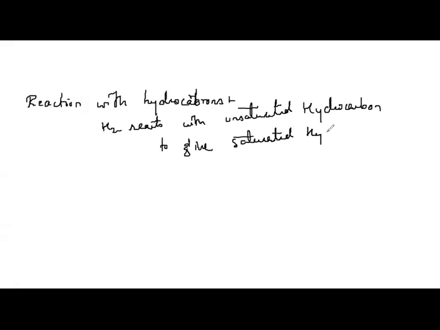Let me give you an example to show you this reaction. Let me say I have taken unsaturated hydrocarbon CH2 double bond CH2. Hydrogen reacts with this unsaturated hydrocarbon, so the addition of hydrogen across the double bond takes place. Where there is a double bond or triple bond, addition occurs.